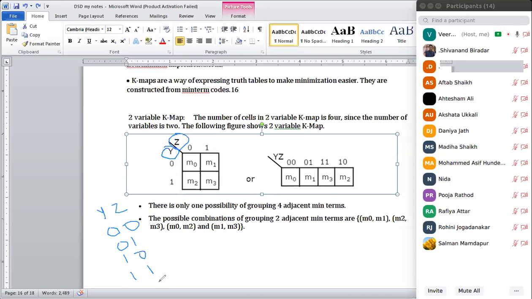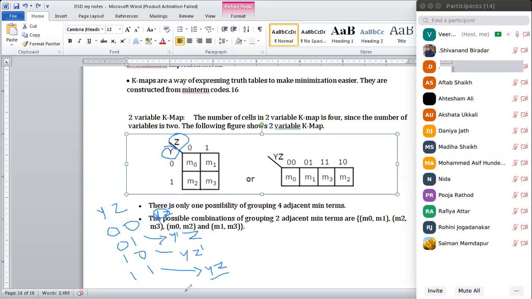Now what is the term I'm going to get here? It is the min term. Y bar Z bar is for this, Y bar Z is this, Y into Z bar, and for this Y into Z. These are the terms that I'm going to get.